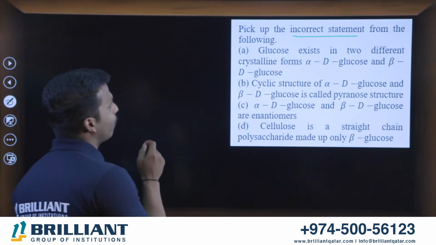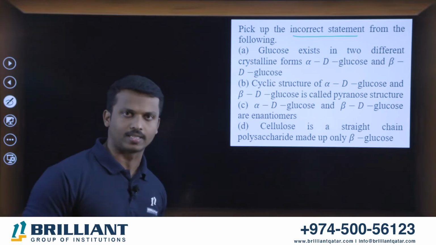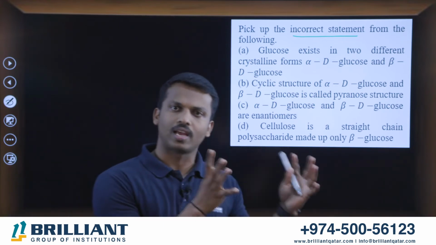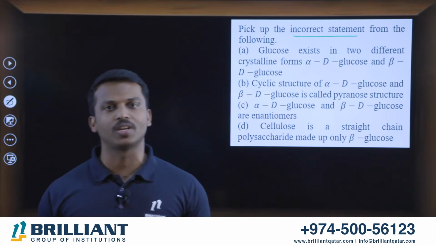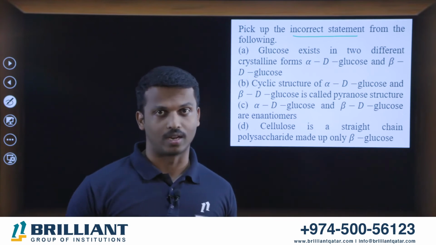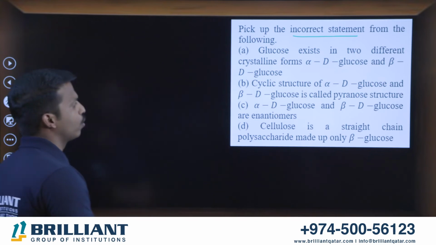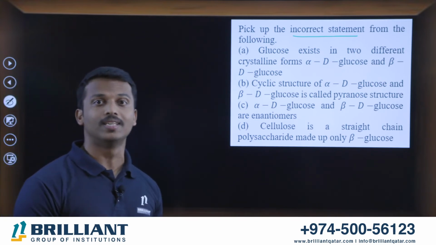The cyclic structure of alpha D glucose and beta D glucose is called the pyranose structure. Yes, when we make glucose into a cyclic structure we use the pyran ring. In the case of fructose, we use the furanose ring. Right, furan. Correct one. Alpha D glucose and beta D glucose are called enantiomers.